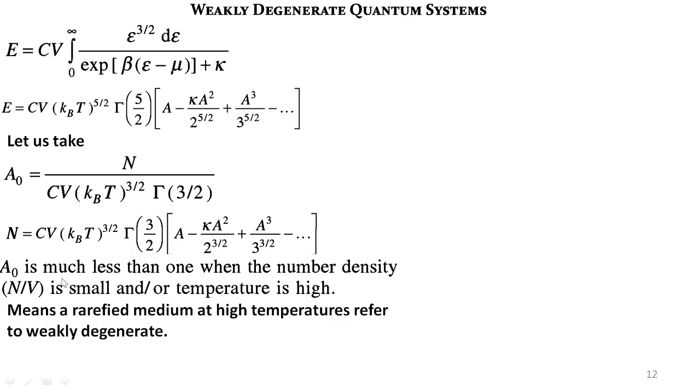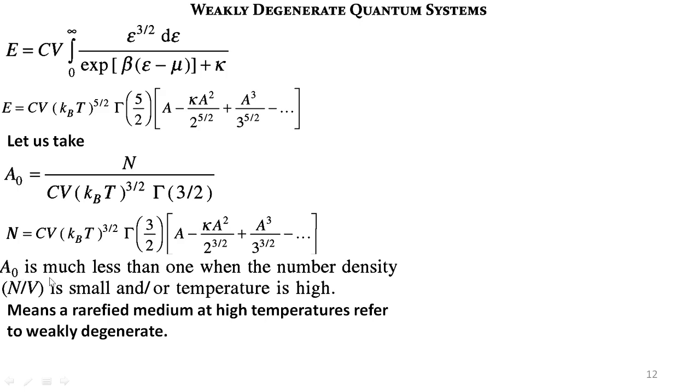From here, we can say that if A naught is very, very small, that would refer to a system which is weakly degenerate. Because in our previous slide, we had seen the degeneracy of a system is related to how closely the particles are placed to each other or how high the temperature is.